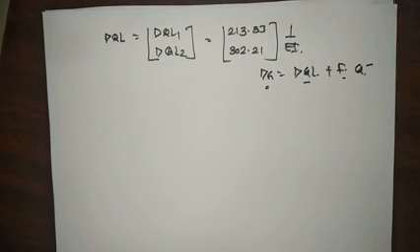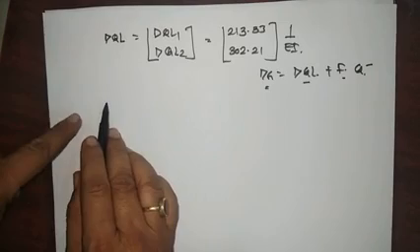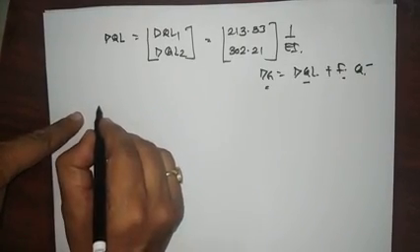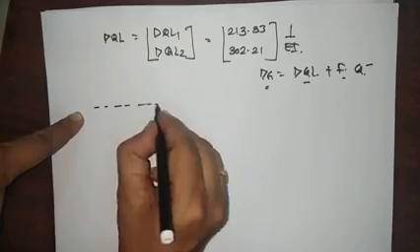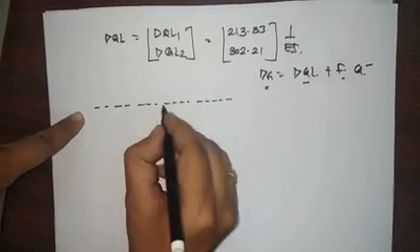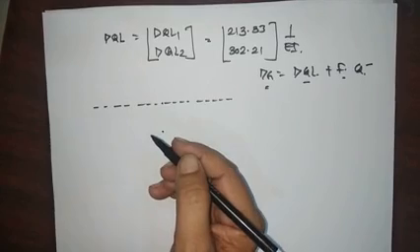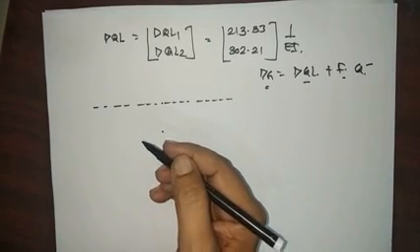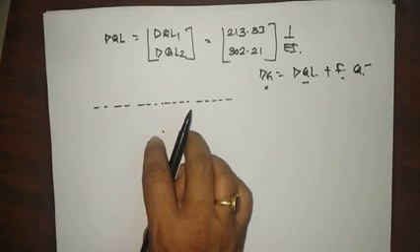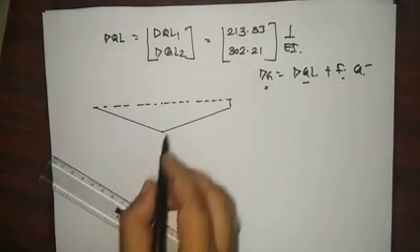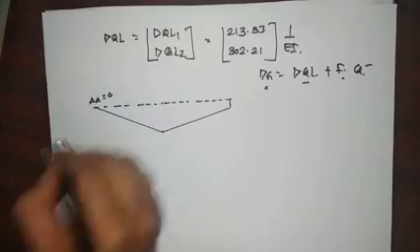Now here in our problem there is a support sink at B and C. Now here we know that delta A, that is the sink at A, is 0.